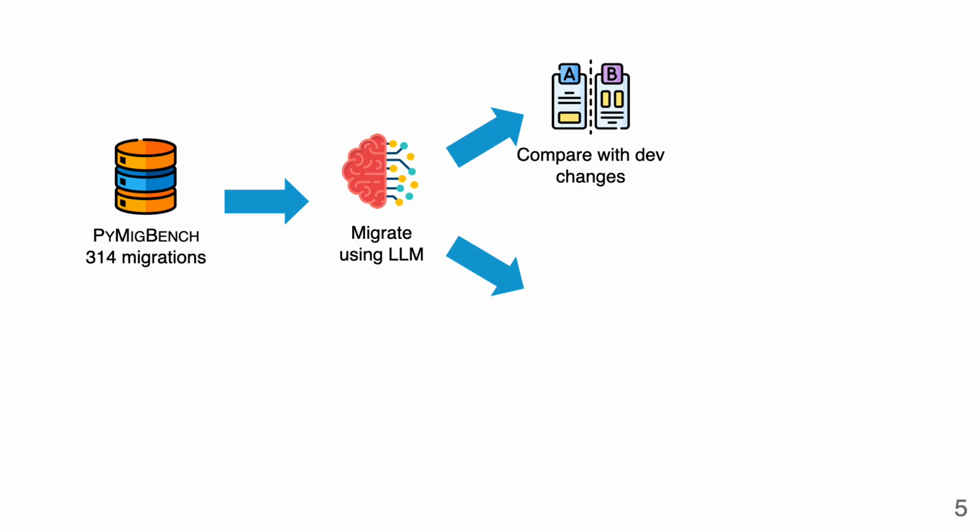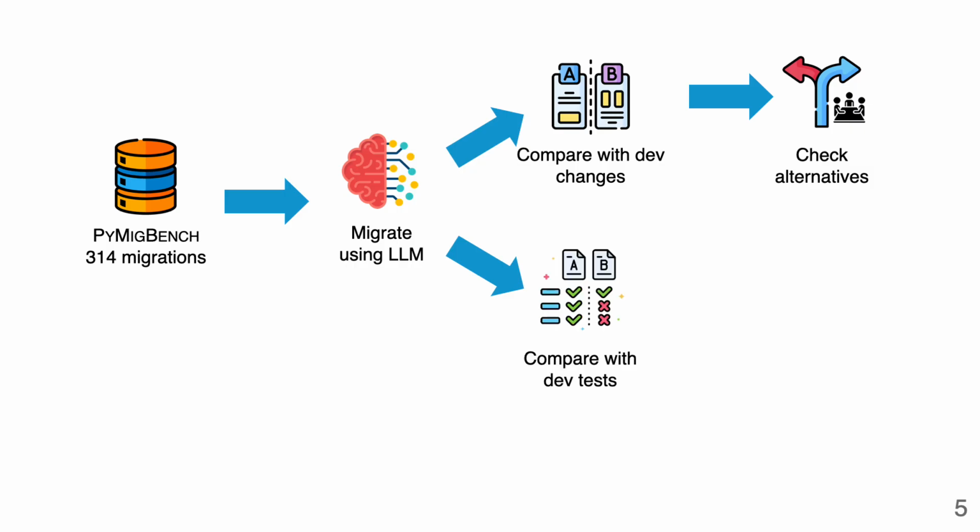We automatically do an exact match, and for those changes that were not matched, we do a manual validation to see whether they are viable alternatives or not. Then for the repos that have unit tests, we run the tests on the developer-migrated code and on the LLM-migrated code, and we compare the status of those tests. We see which tests pass with the developer-migrated code that also passed with the LLM, and we consider this the test evaluation.